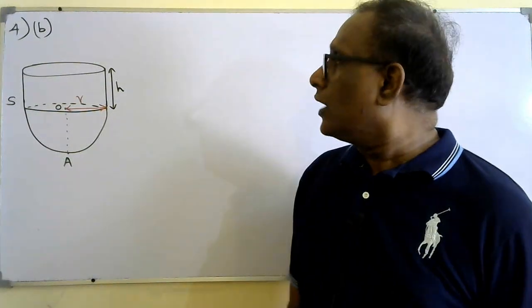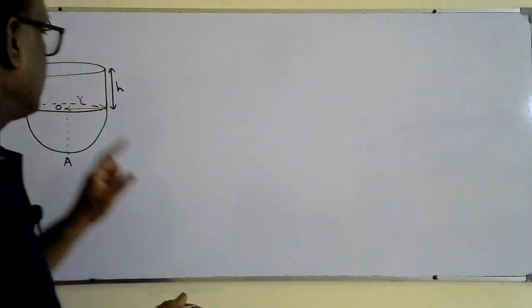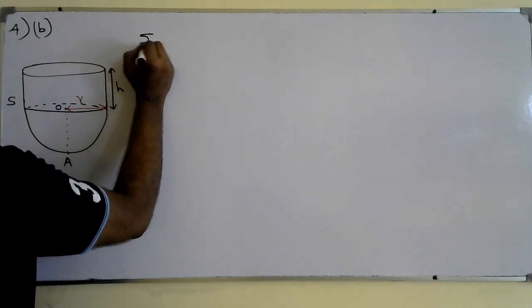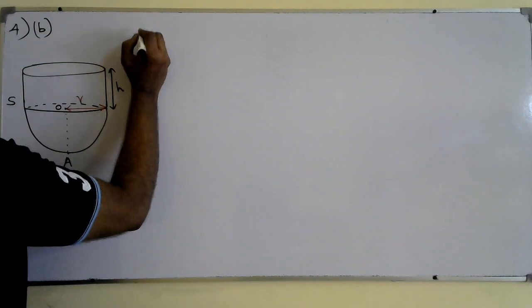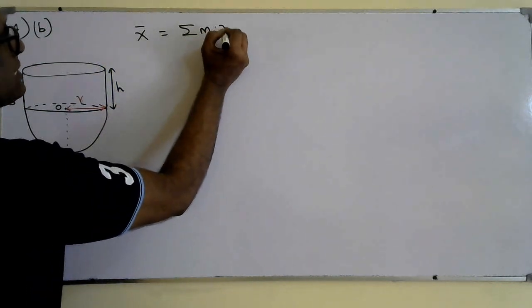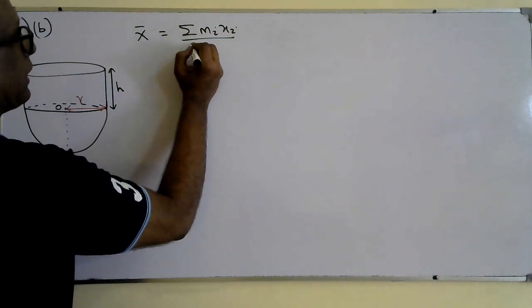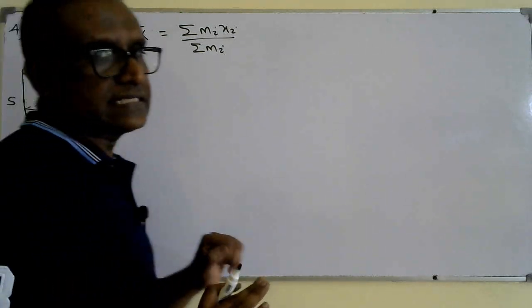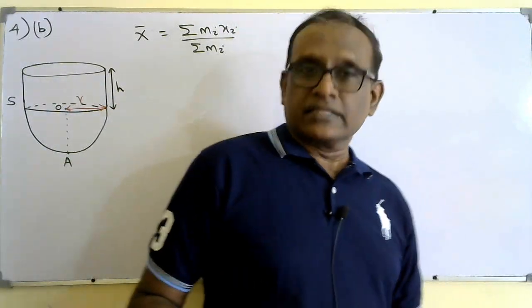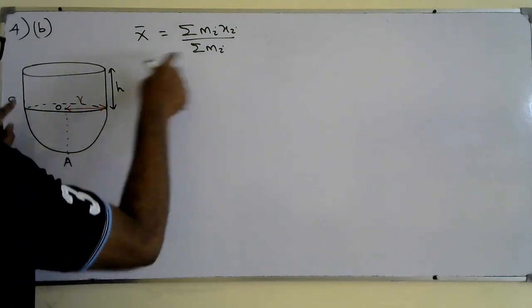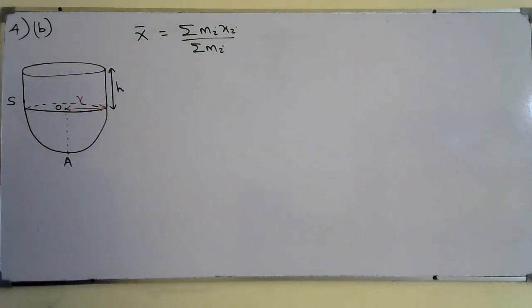So when we consider x bar of this solid object, x bar is equal to sigma mi xi over sigma mi. Sigma mi is the total mass of the system S that we are considering.